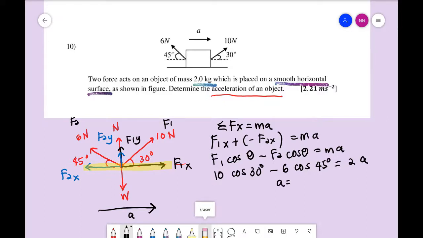So 10 cos 30 degrees minus, in brackets, 6 cos 45 degrees, divided by 2, equals 2.21 meters per second squared.